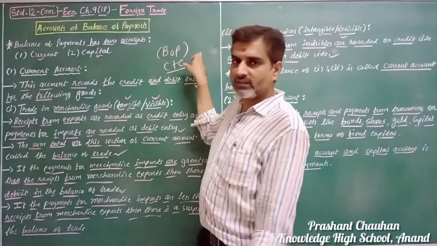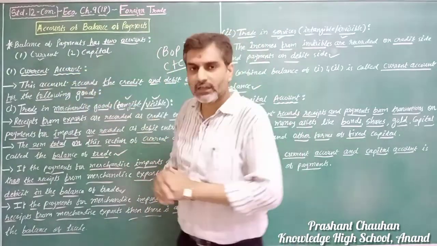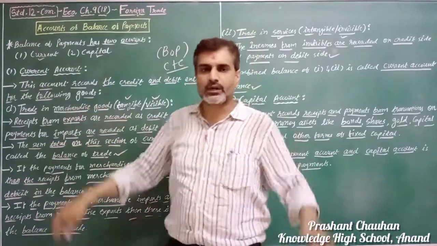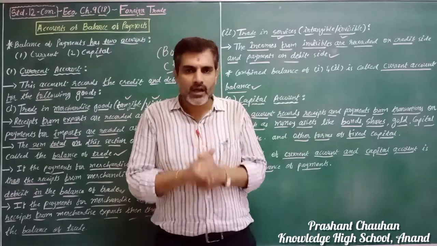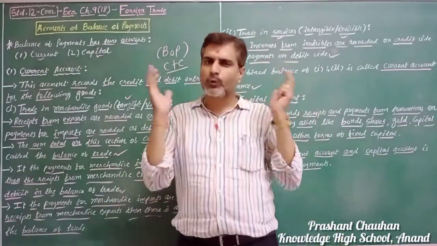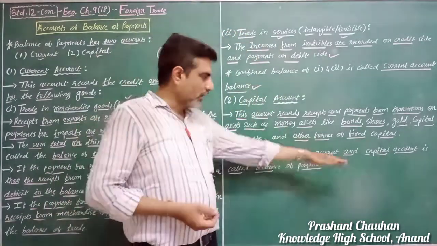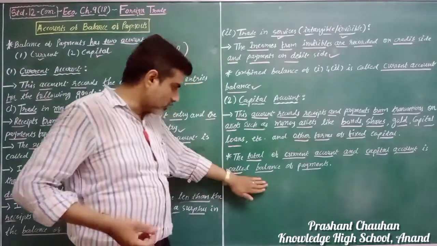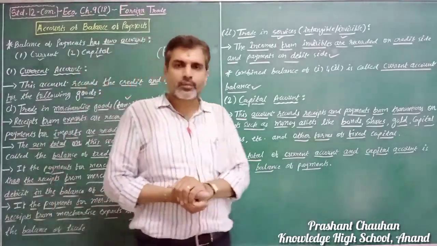So BoP is equal to C plus C, that is current account plus capital account. Current account is equal to 1 plus 2, that is tangible plus intangible, right? And accordingly deficit and surplus, everything is ultimately the same thing. The total of current account and capital account is called the balance of payment. So that is the end of the balance of payment.